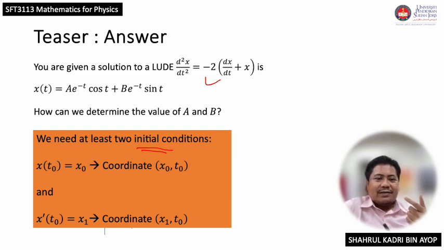We need at least two pieces of information to determine the specific solution, actually for any second order differential equation, to help us determine the unknown constants.